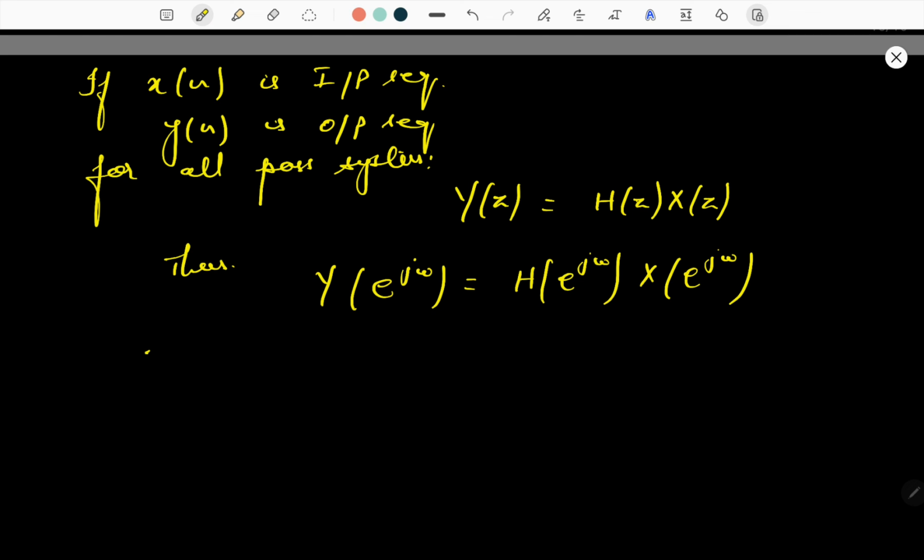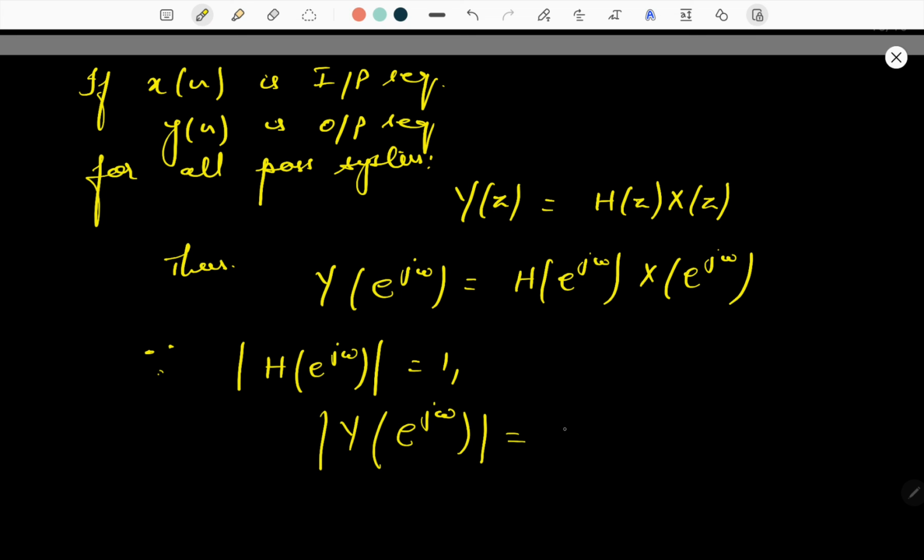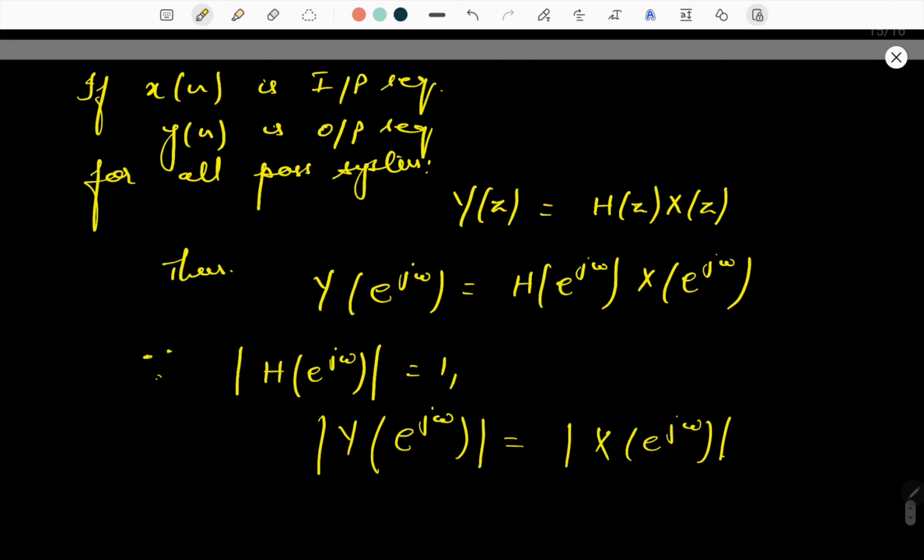Since we all know that mod of H(e to the power j omega) equals 1, what we get from here is that mod of Y(e to the power j omega) is equal to mod of X(e to the power j omega). So this is what we get in the all pass system.